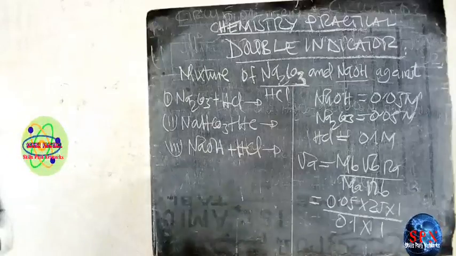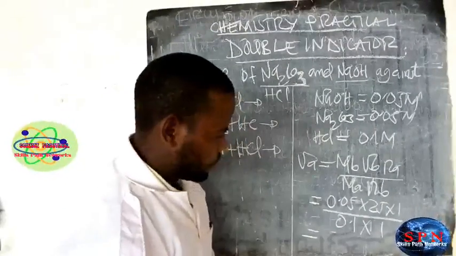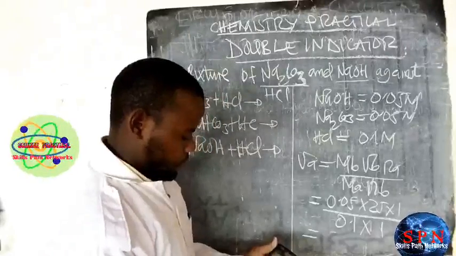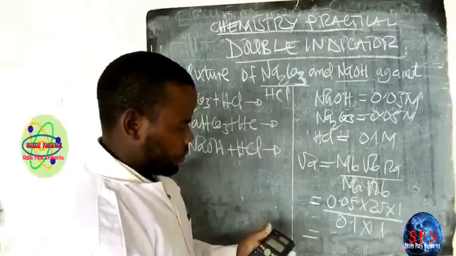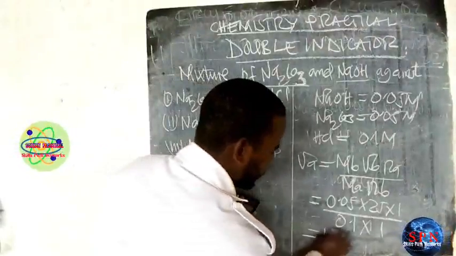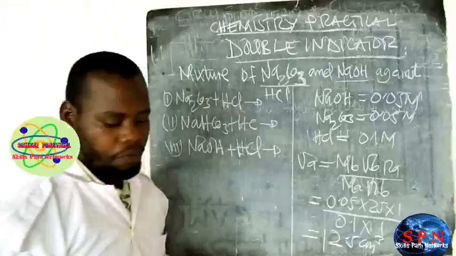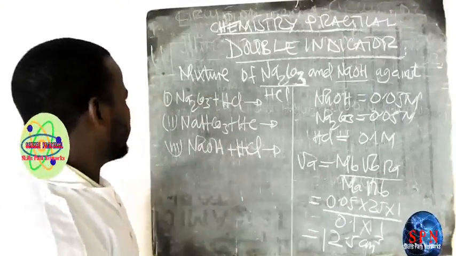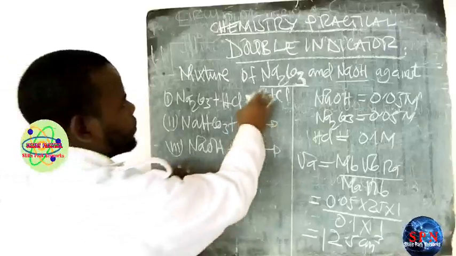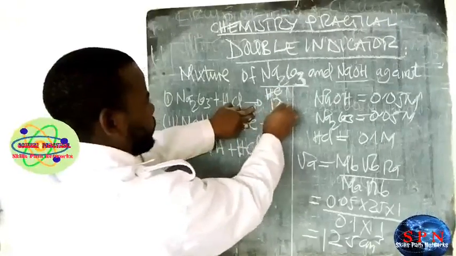The volume will be 0.05 times 25 divided by 0.1, which is 12.5. That is the volume over here.